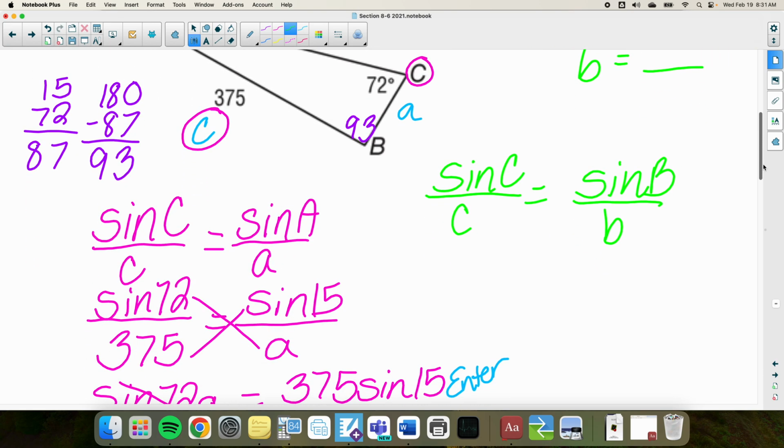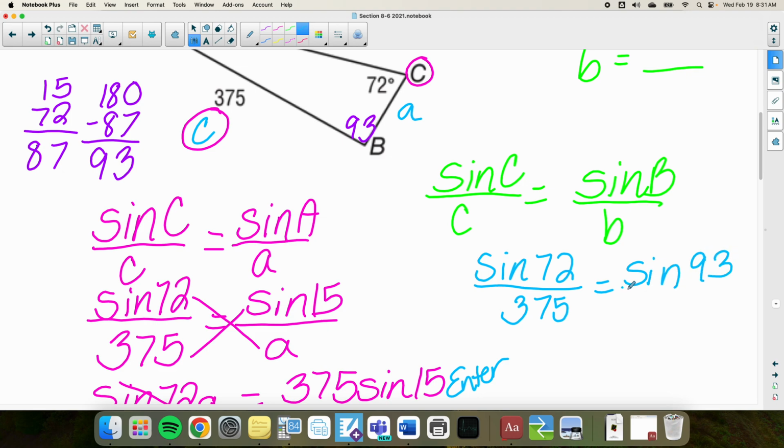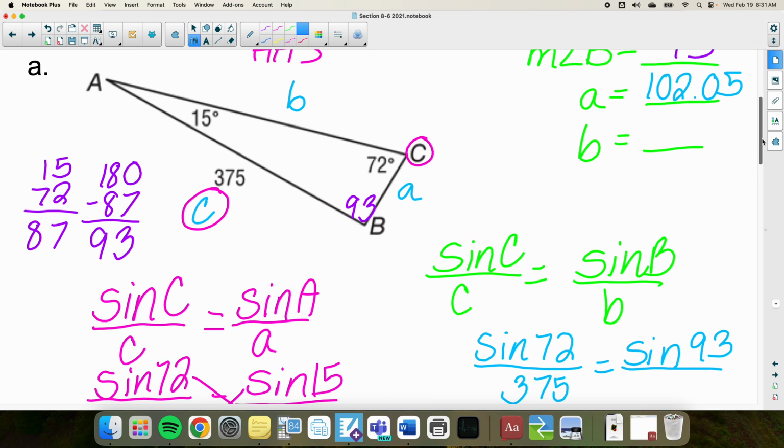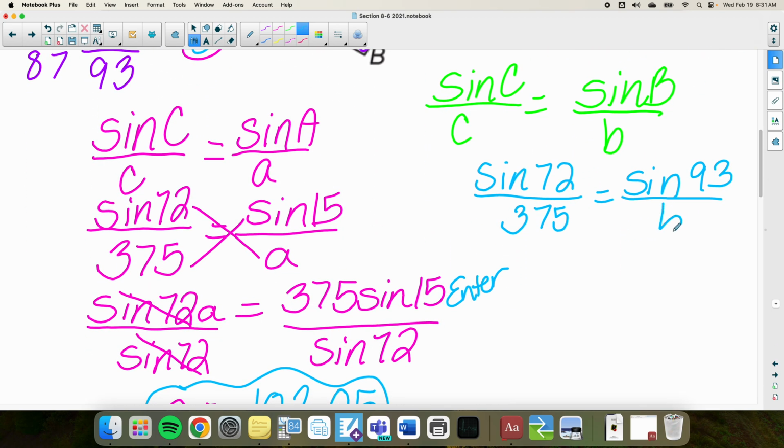Now, sine of c would be sine of 72 over little c is 375. And that's going to equal sine of b, which is sine of 93, over little b, which is what I'm looking for. So again, what I have to do is cross products.